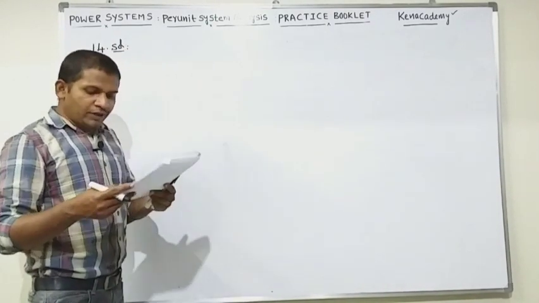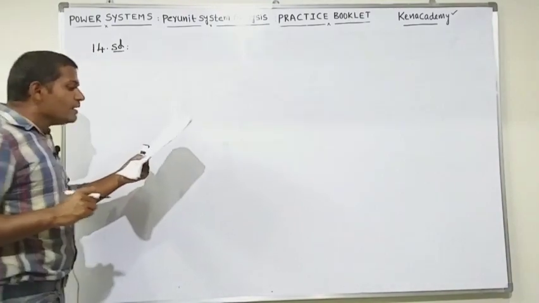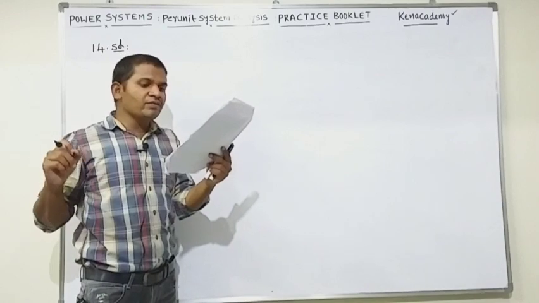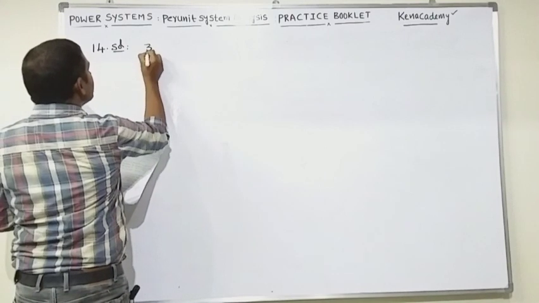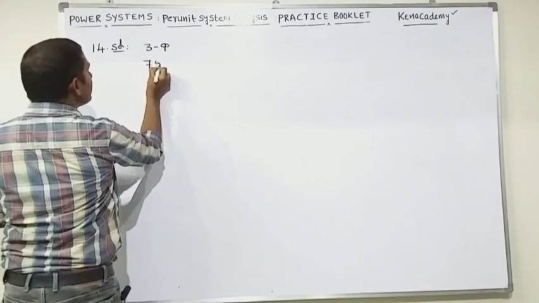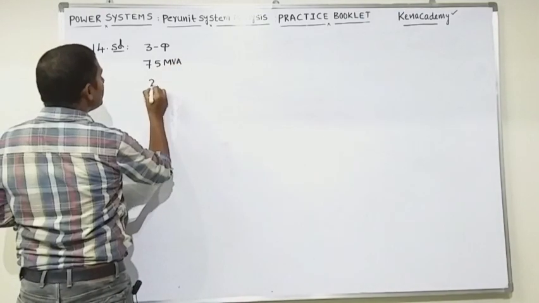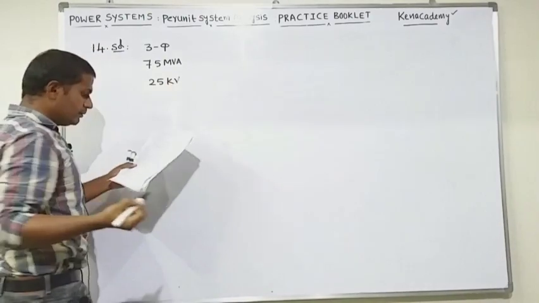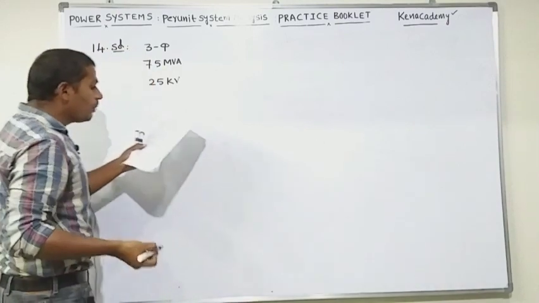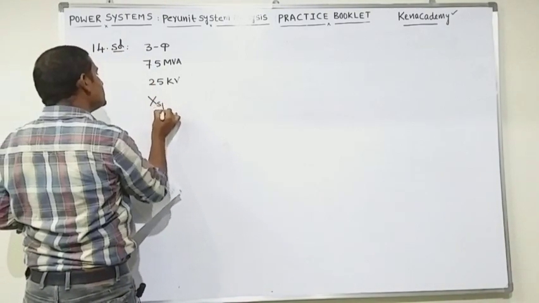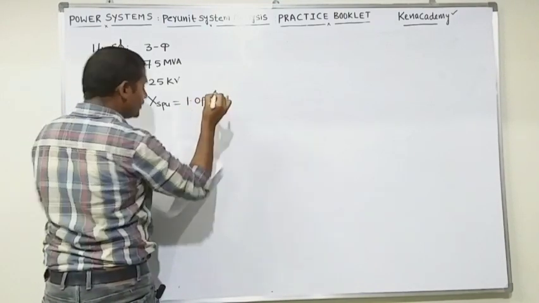See question number 14. This was asked in AP Genco 2017. I am reading the question. A three-phase star-connected 75 MVA, 25 kV three-phase synchronous generator has synchronous reactance of 1 per unit.